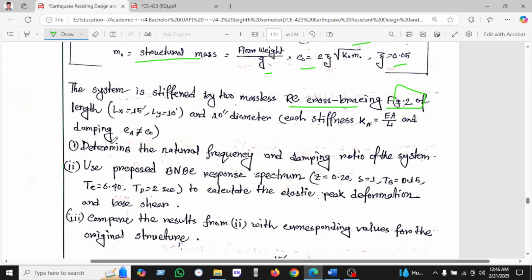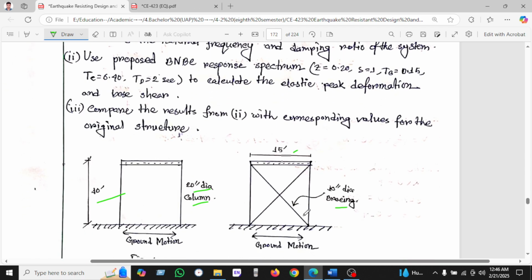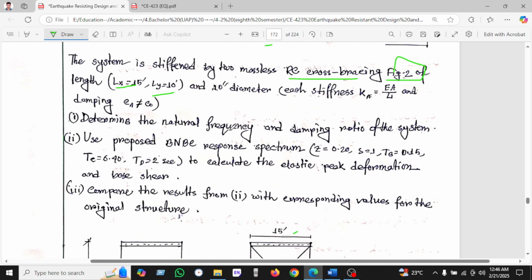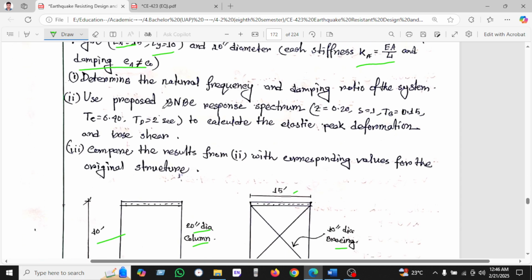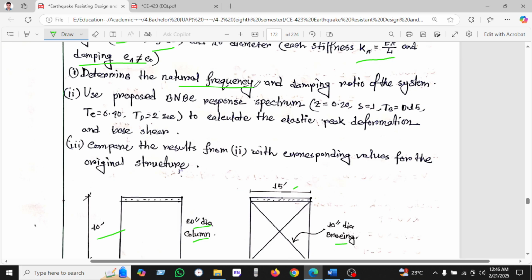In this figure, lx is given as 15 feet and ly is 10 feet. With 10 inch diameter, for each the stiffness we calculate EA by L, and damping is given here. And we have to determine the natural frequency and damping ratio of the system.